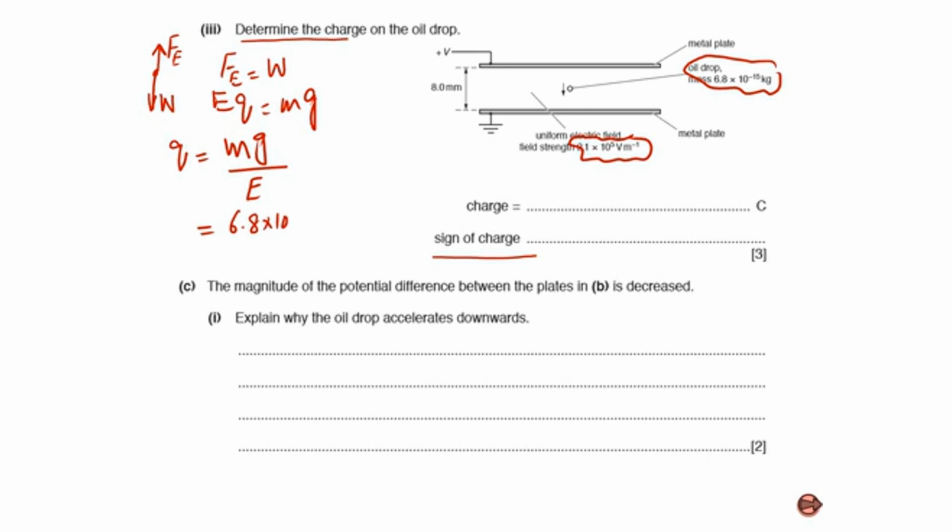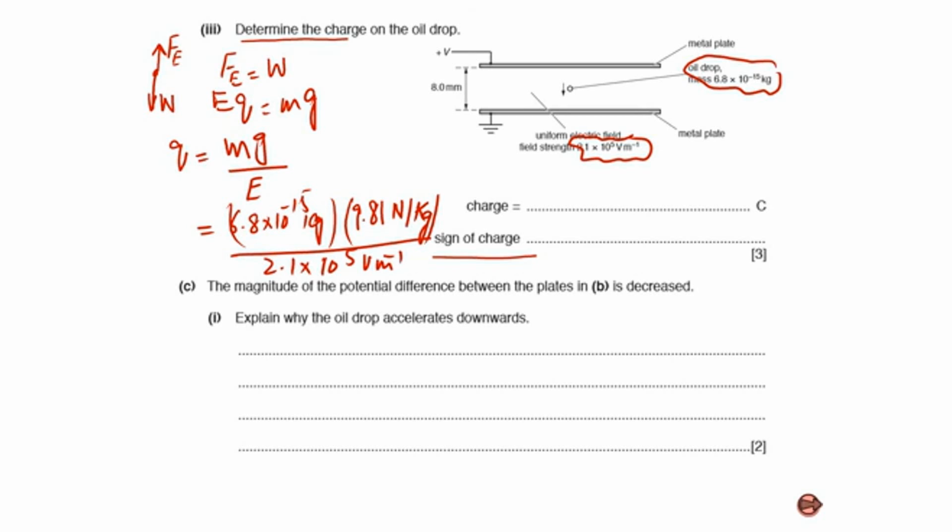This is 6.8 times 10 to the minus 15 kg, and g is equal to 9.81 newtons per kg, divided by E. E is given, that is equal to 2.1 times 10 to the 5 volts per meter.